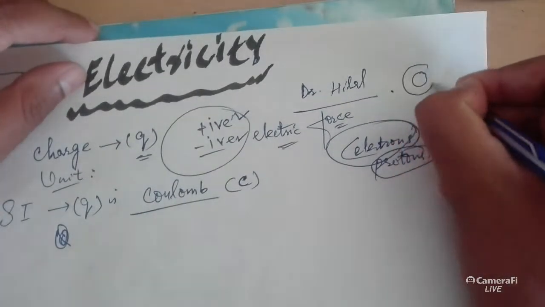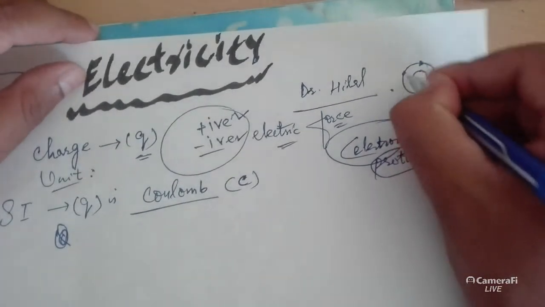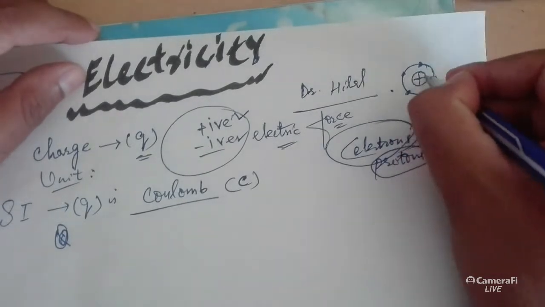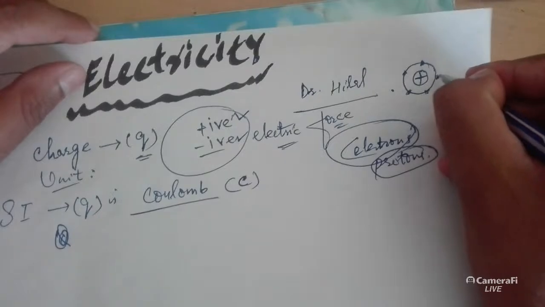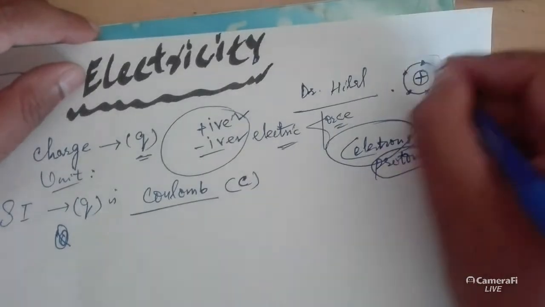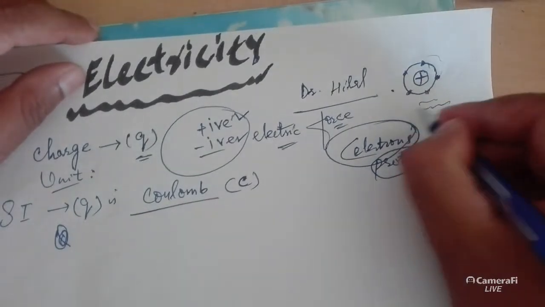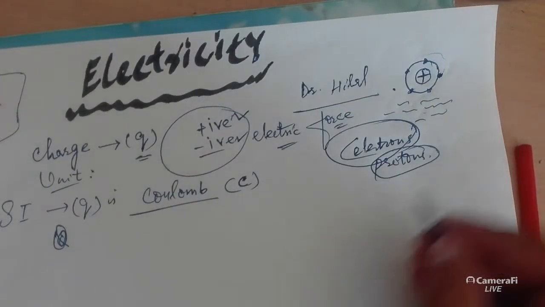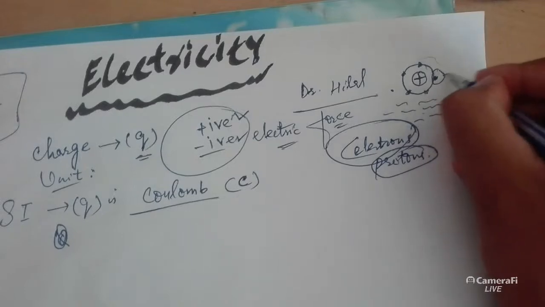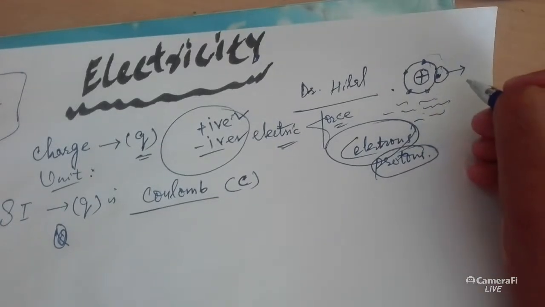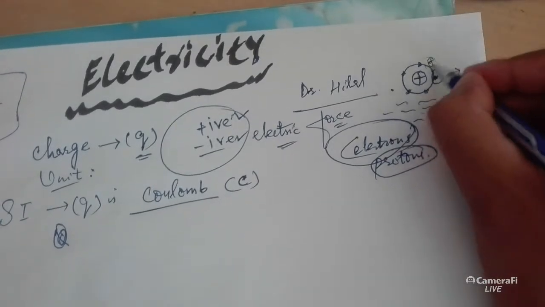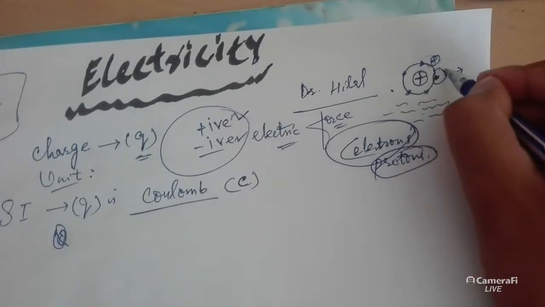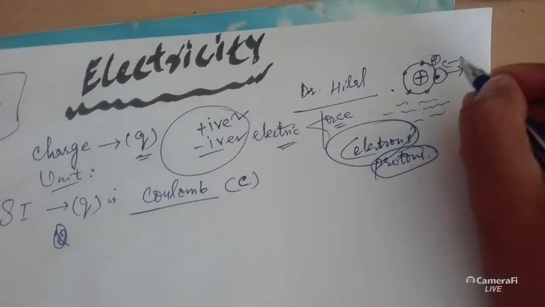In this element, the electrons are present in the outermost shell, and inside it are the protons. These electrons are always in motion. So when we remove some electrons from this, what will happen? We will have a net positive charge, because we removed the negative charge.